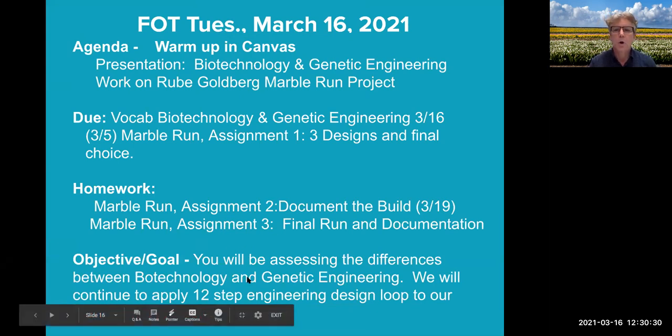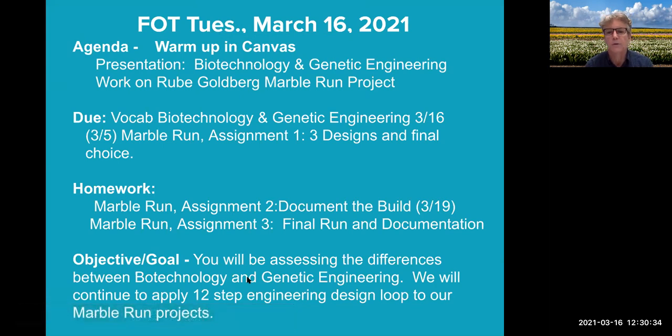All right, so our goal for today is you will be assessing the differences between biotechnology and genetic engineering. We will continue to apply the 12-step engineering design loop to our Marble Run process. Okay, so right now, where are we in our design loop? Right, we have come up with our design.